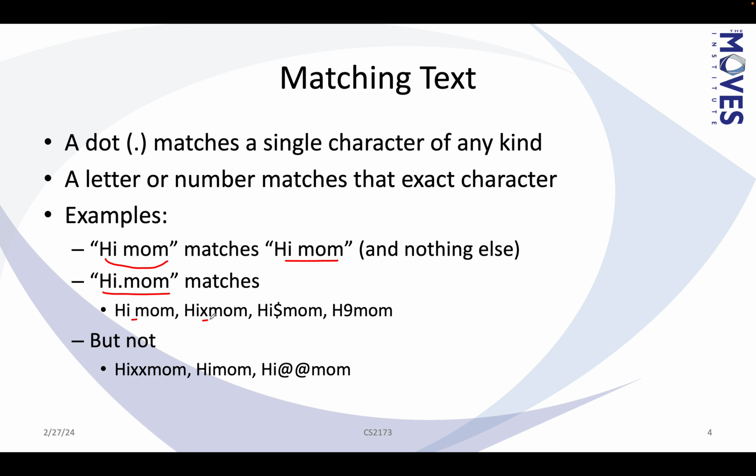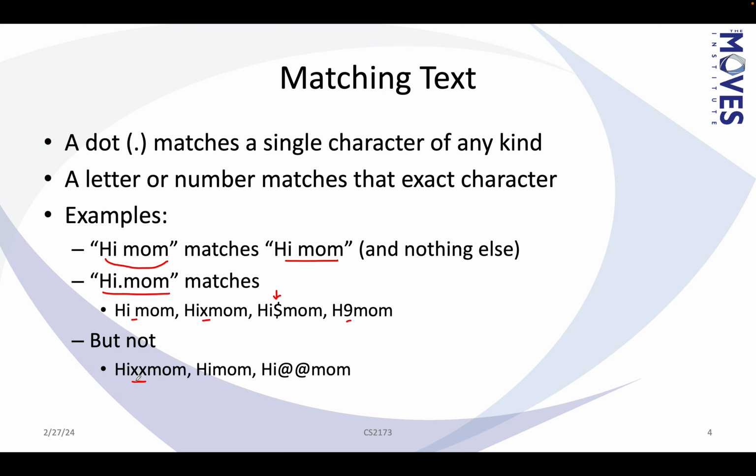But it'll match hi X mom or hi $ mom, in other words, it will match anything with any character whatsoever between hi and mom. Okay, but just one character. If it were a star, then that would be a different thing. However, it doesn't match this because there are two.